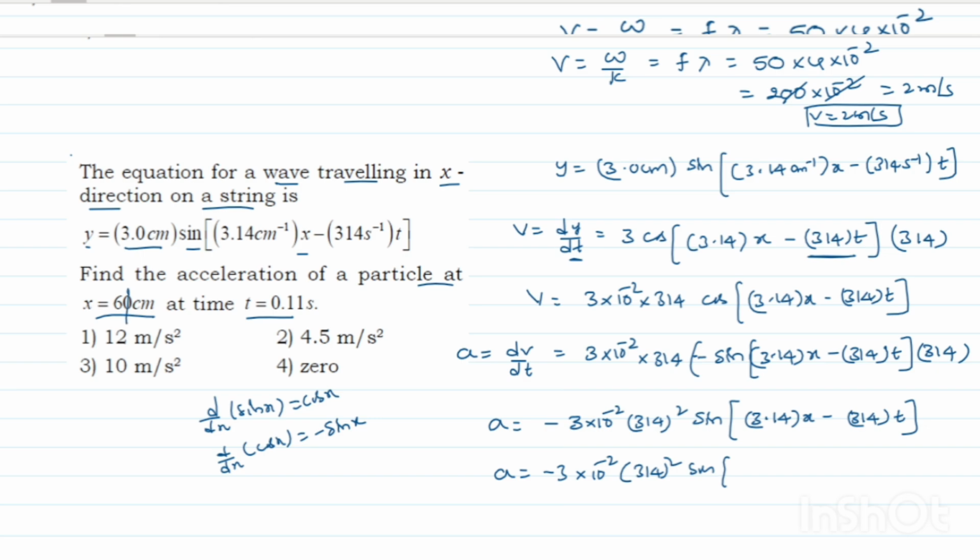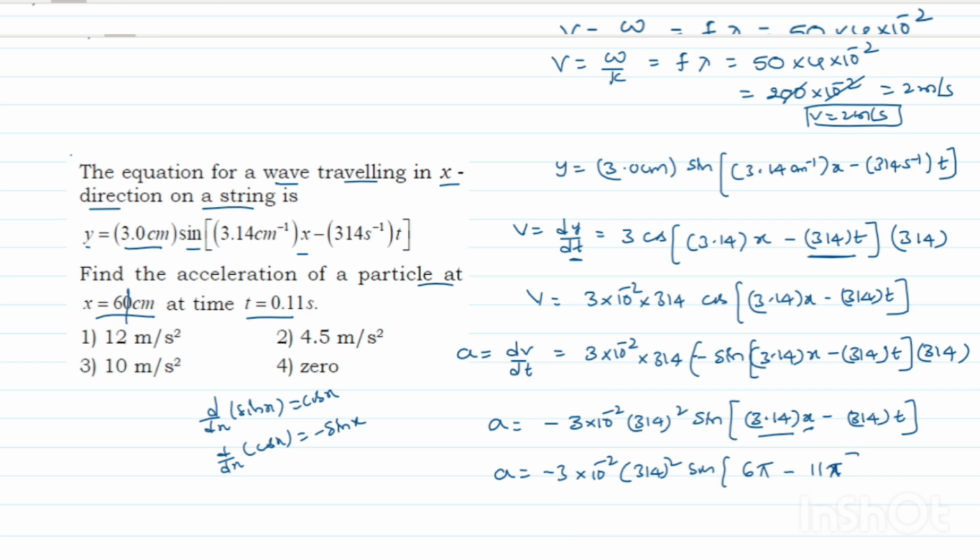So the x value we take as 6. Instead of 3.14x we take 6 pi, and minus 314 into t; multiplying 314 into 0.11 gives 11 pi.